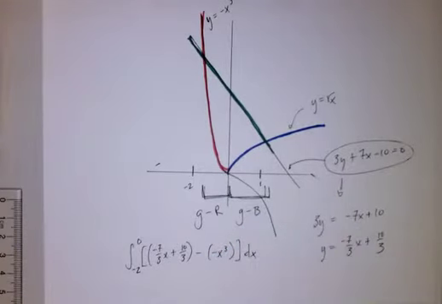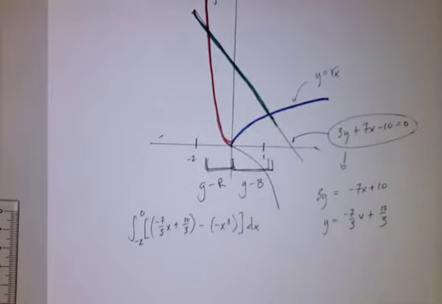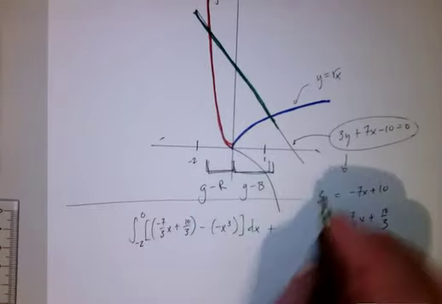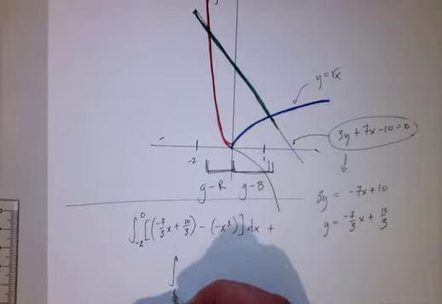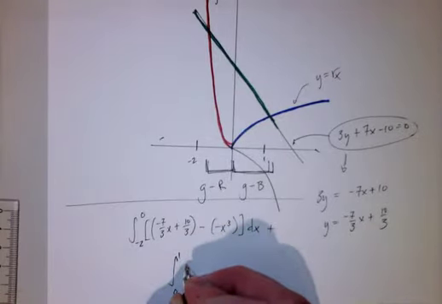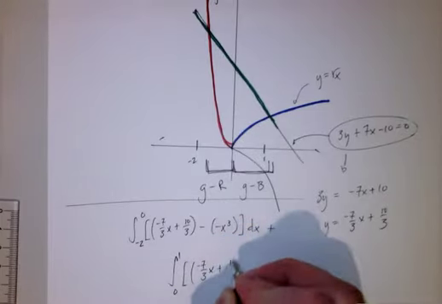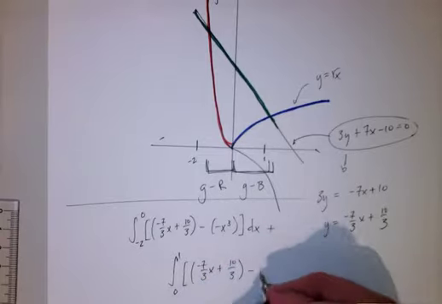Now, it's obnoxious because of those fractions, but it's burdensome, not difficult, okay? The second integral over the second interval is going to be that same obnoxious fractional linear minus root x.